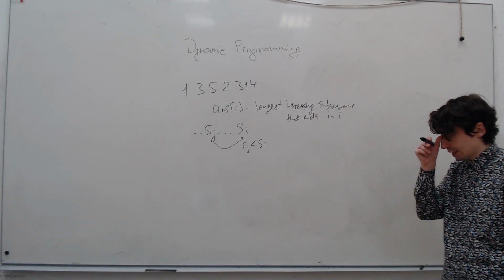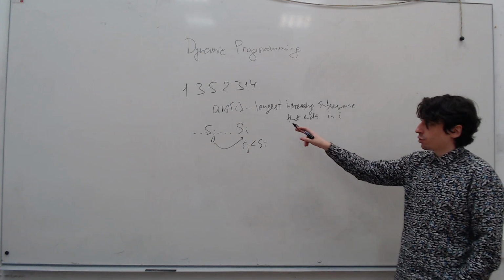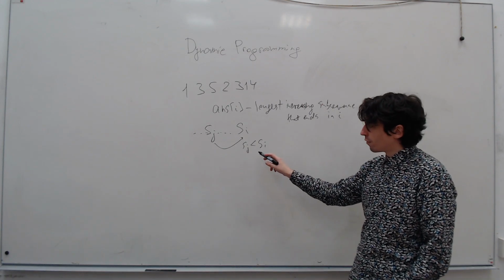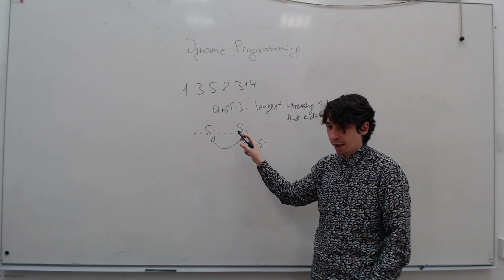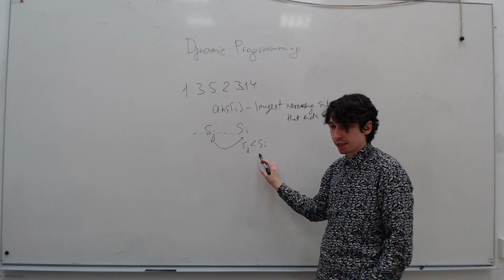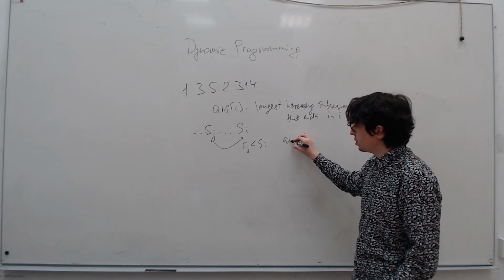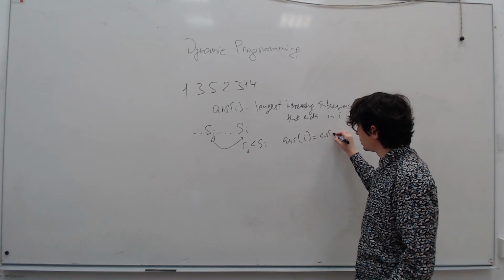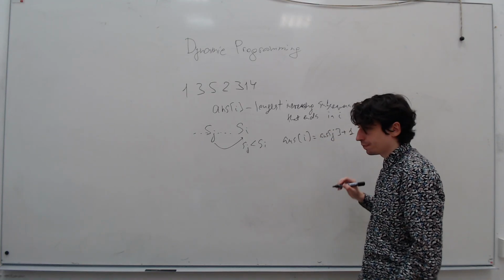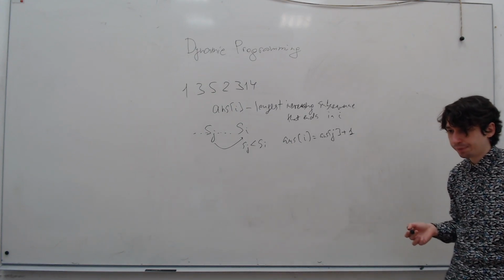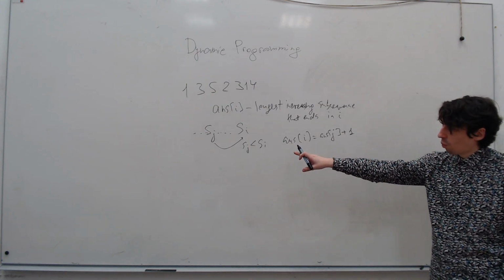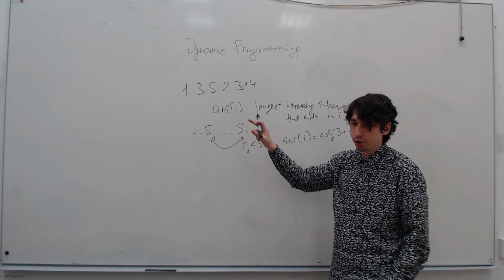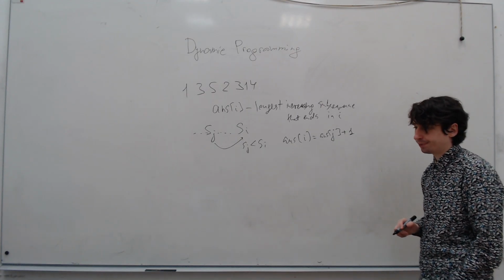That's what Konstantin said. Since we are trying to find the longest increasing subsequence, we should go over all elements on the left, and if Sj is less than Si, we should try to update ans i to ans j plus 1. So we take what was at place j, plus 1 for our element itself.